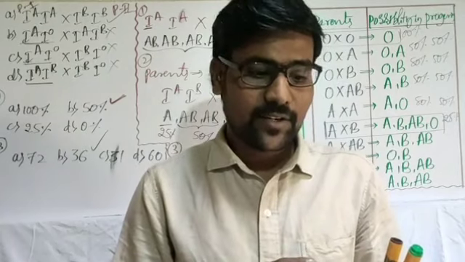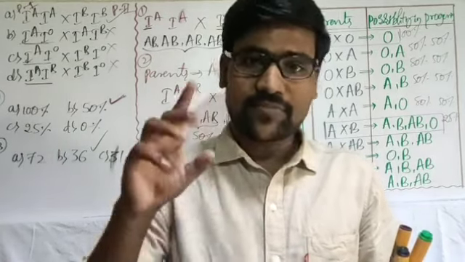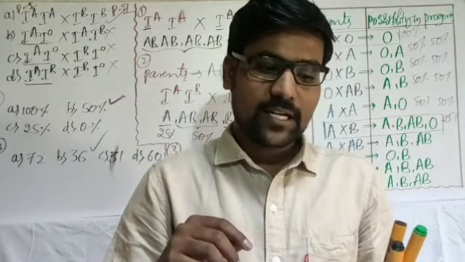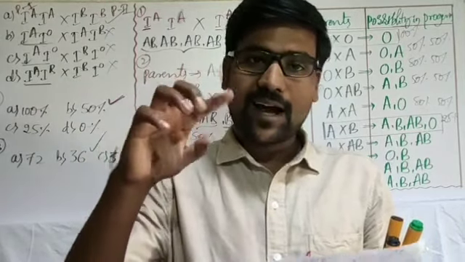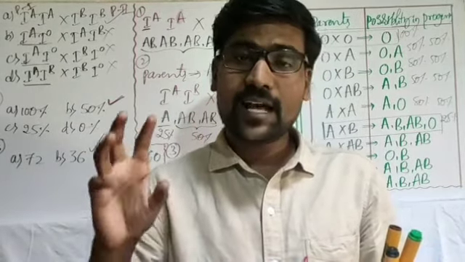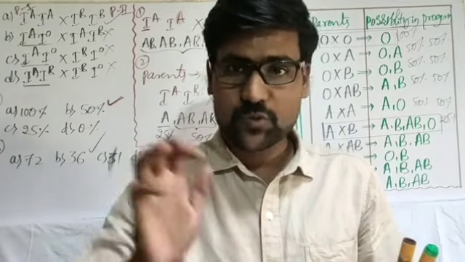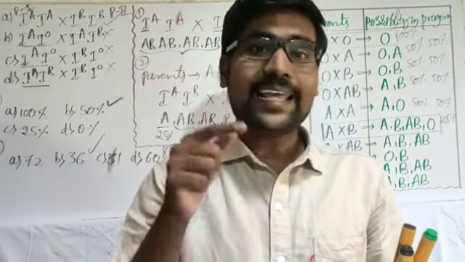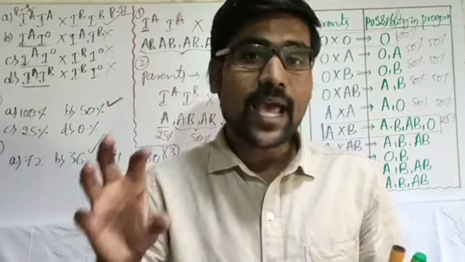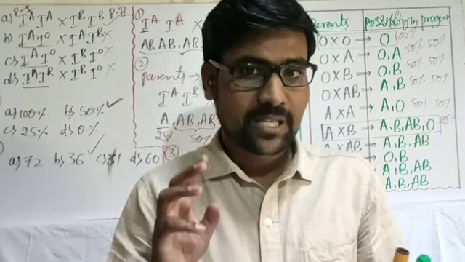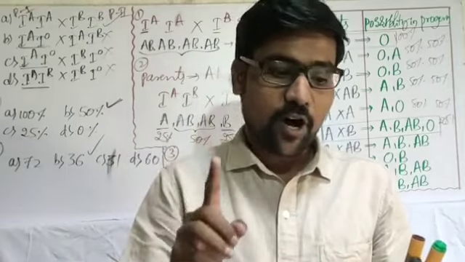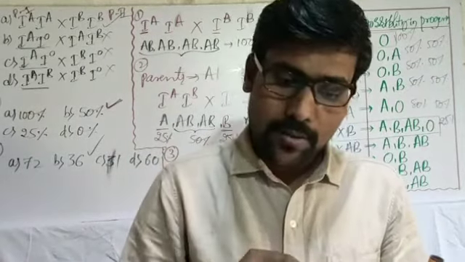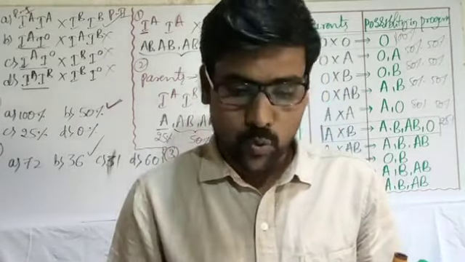For this question, the first option: father IA IB, mother IB IO. Second one: father IA IB, mother IB IB. Third one: father IA IO, mother IB IO.